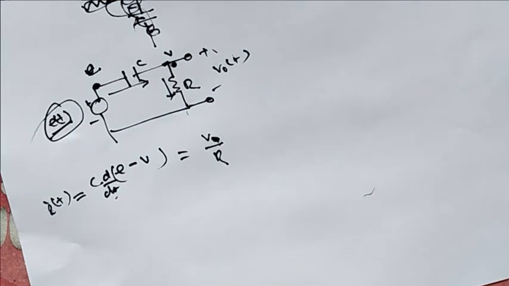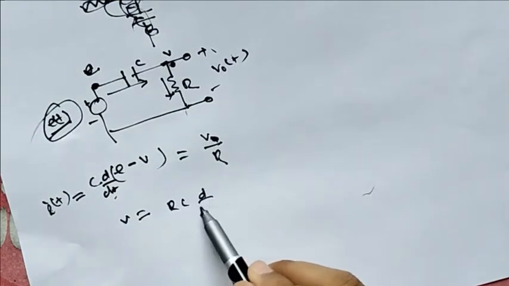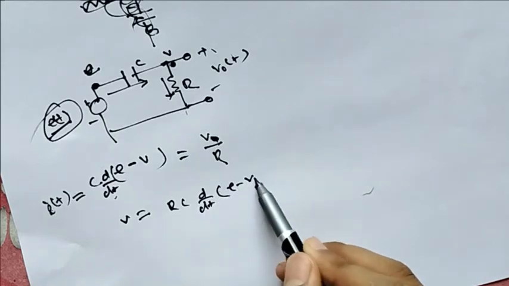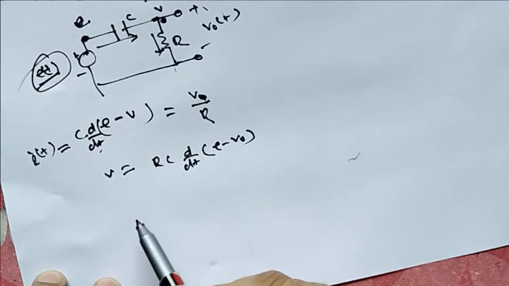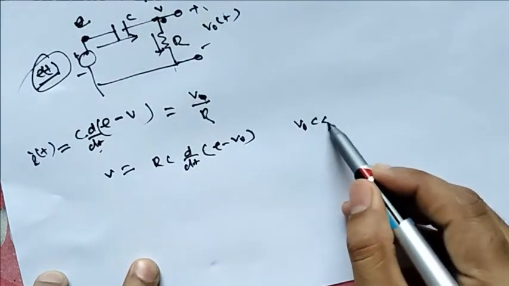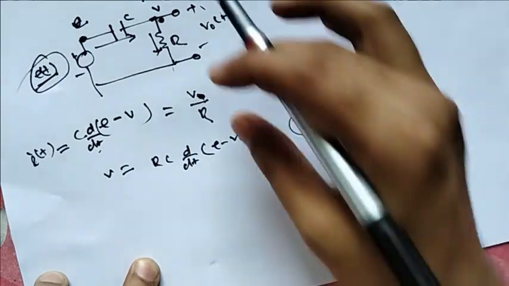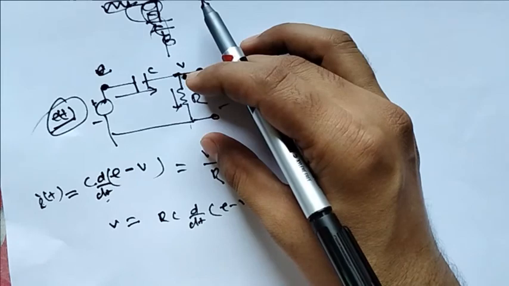Now if I rearrange, V will be equal to RC d/dt of (E minus V0). Now this will be acting as a differentiator when V0 is very less than E. It means voltage drop across resistance will be very less. How will the voltage drop across resistance be very less?